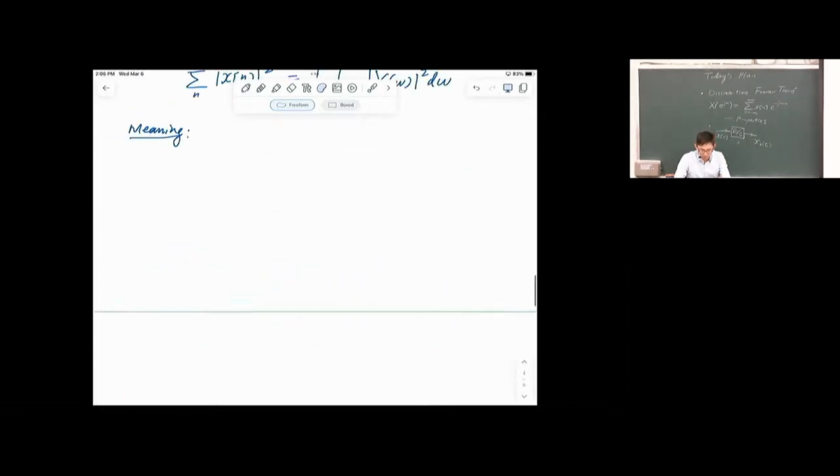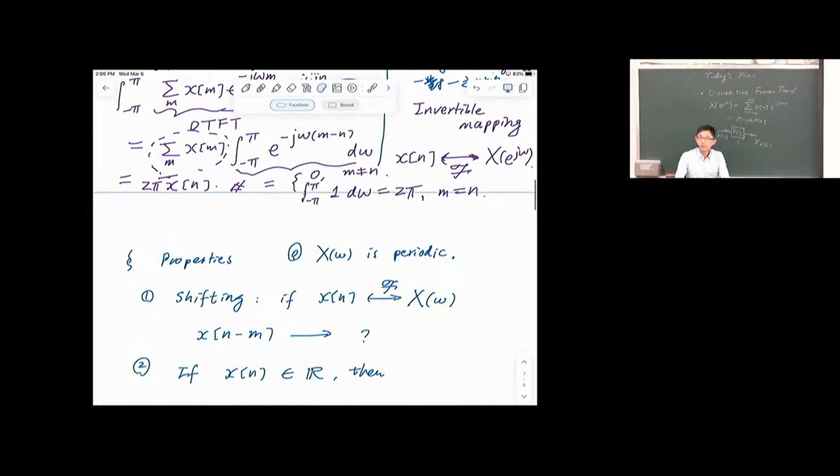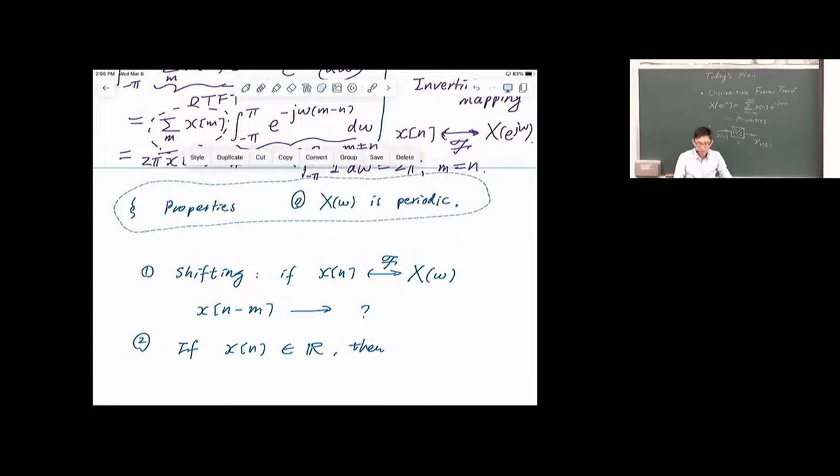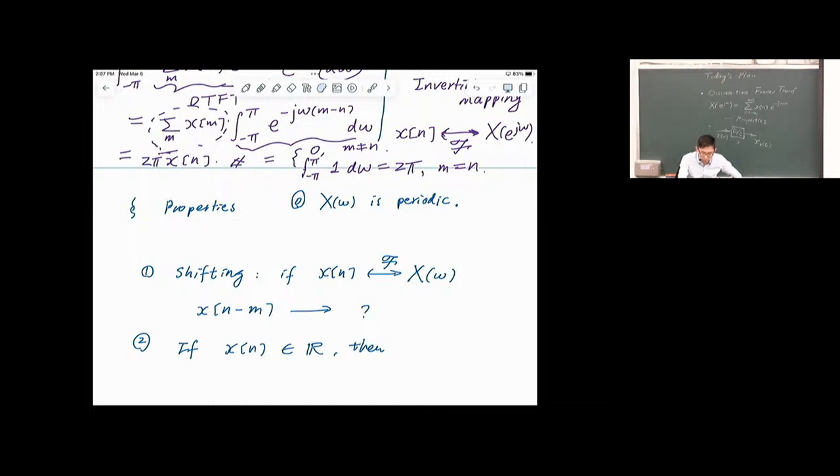I want to talk about something simpler first. We can now examine a few properties. Sometimes, if it causes no confusion, I still use the notation X of small omega to denote a spectrum.